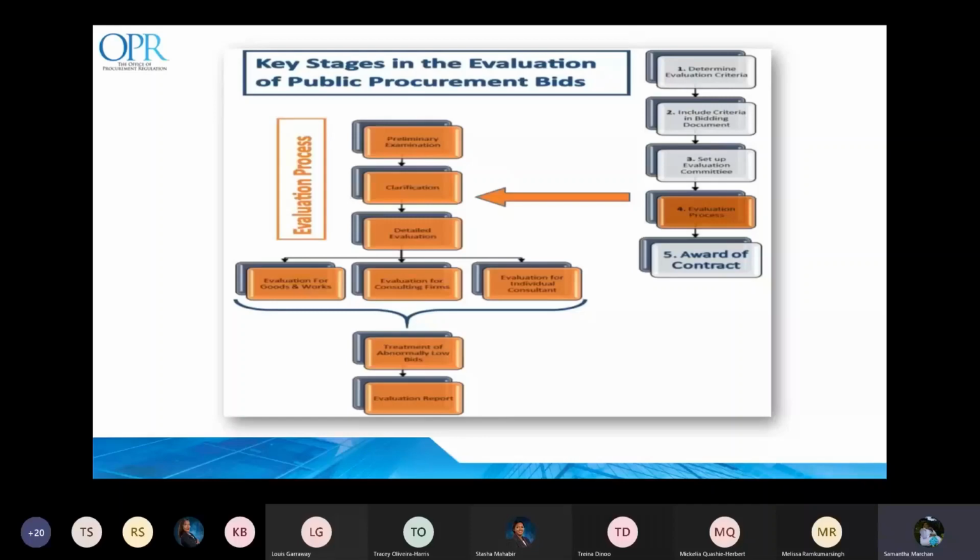We went through the determination of the evaluation criteria, the importance of including the evaluation criteria in the solicitation document, establishing the evaluation committee, the steps in the evaluation process such as preliminary examination, seeking clarification, the detailed evaluation process in a general sense, not specific to goods, books, or consulting services, but covering technical and commercial aspects of the process. And we also addressed the treatment of abnormally low bids, the approval process, and the award of contract.